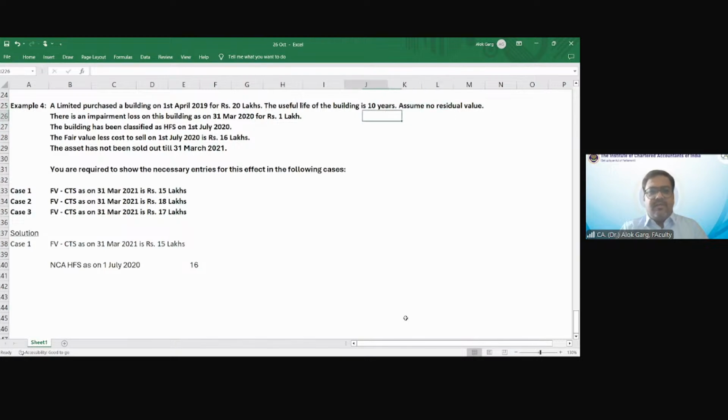The life is 10 years. An impairment loss on this building was 1 lakh. Then the building was classified as HFS on 1st July 20. The fair value less cost to sell on 1st July is 16 lakh. The asset has not been sold out till 31st March 21.